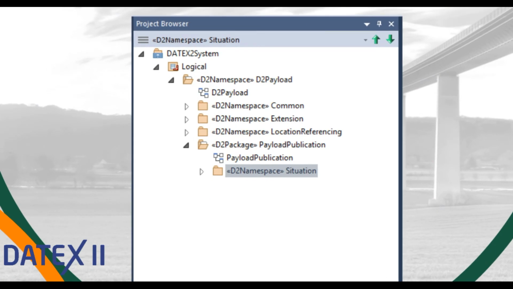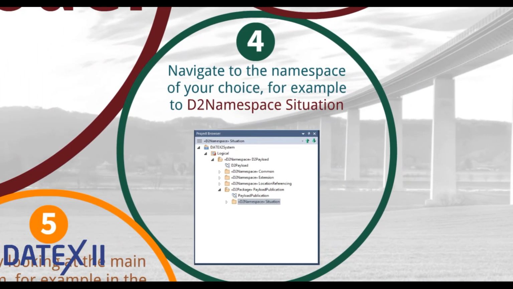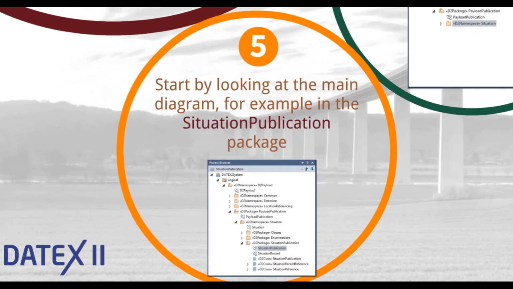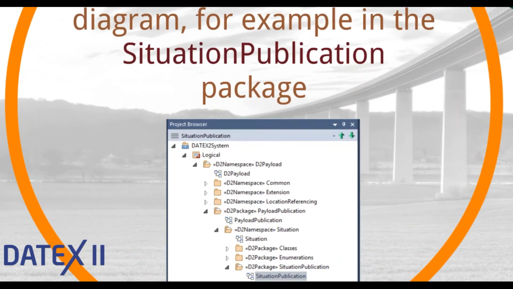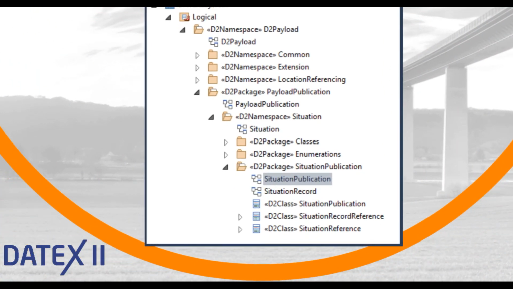Navigate to Datex 2 system, logical, D2 payload, and then payload publication, and in this example, to the namespace situation. After that, you can start looking at the diagrams, for example, in the situation publication, where the diagram is located as one of the first entries.